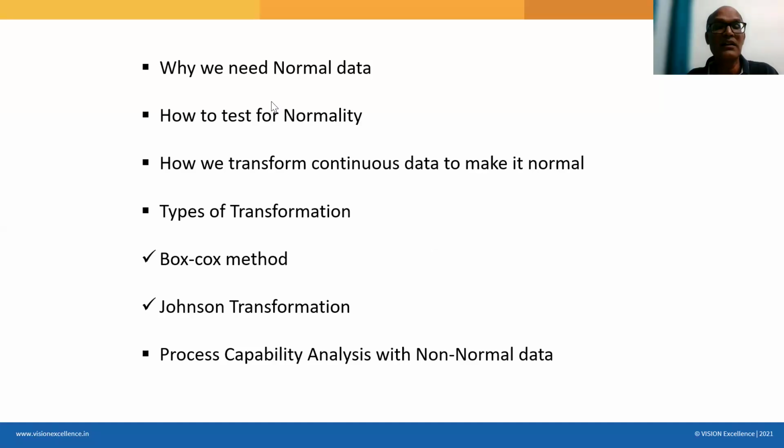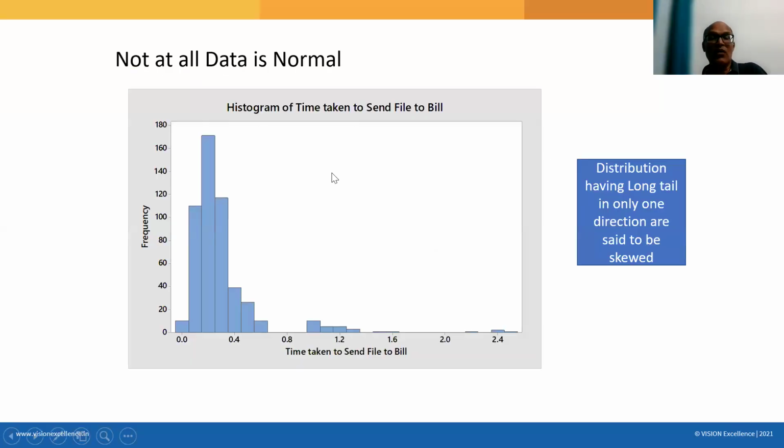So already we said what is the purpose of normal data. Normal data is data where the data is distributed in a symmetrical way. Now this data you are finding on the screen, is it symmetrical or are you finding some skewness in this? This is the histogram of time taken to send a file to Bill.